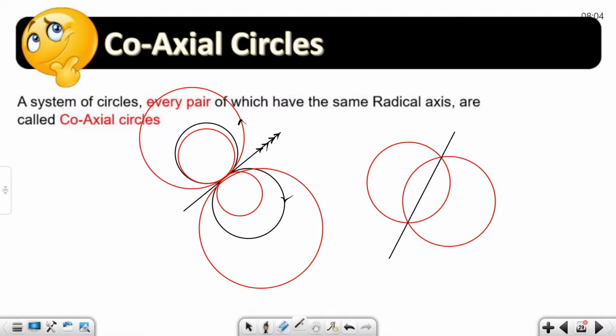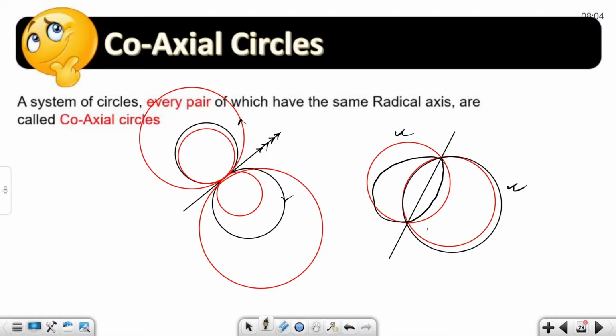Now you can have an infinite number of such circles which are passing through these 2 points of intersection. There will be an infinite number of such circles, on this side as well as on this side. Yes or no? It can be like this, it can be like this. Millions of circles are there.